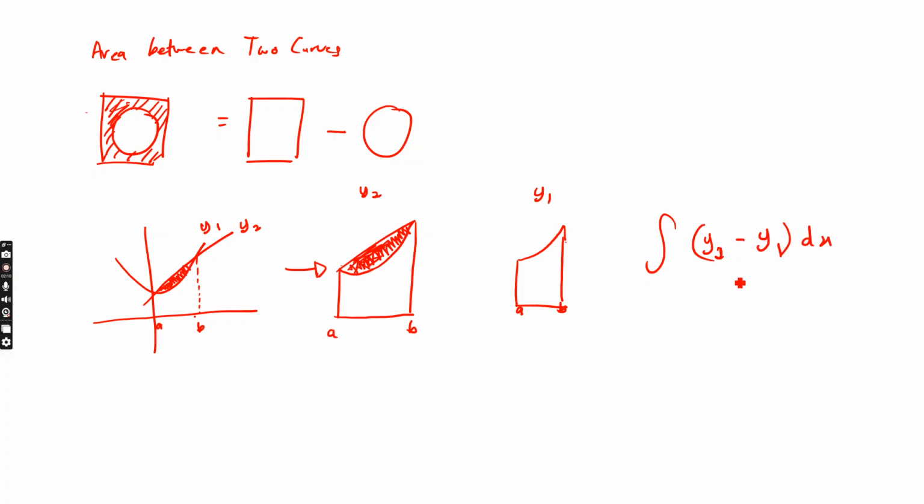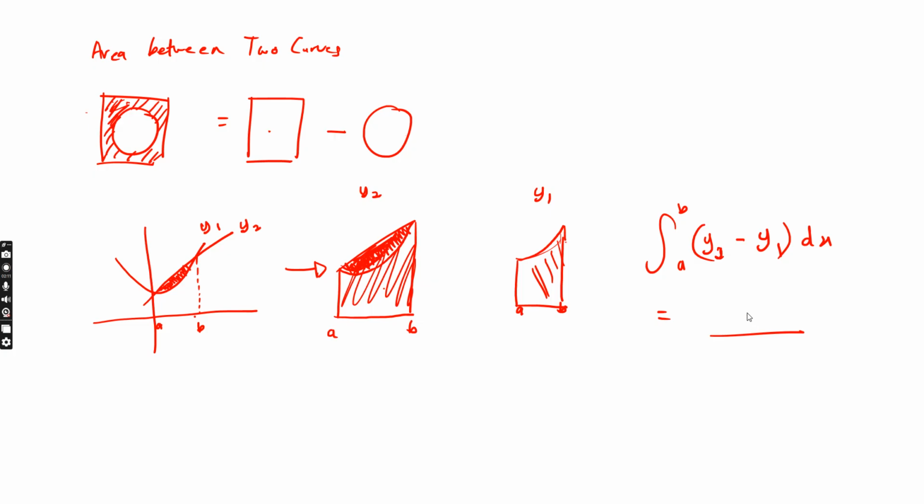Then you integrate it, with the domain of a until b, and then you get the answer, which is the shaded part here, just like how you get the shaded part of the square and circle, because you do square minus circle, and then you get the shaded area. So for this one, you take the area of the linear one, all of this, minus this part. So the one that is left is this one only, and that is the value of this one.